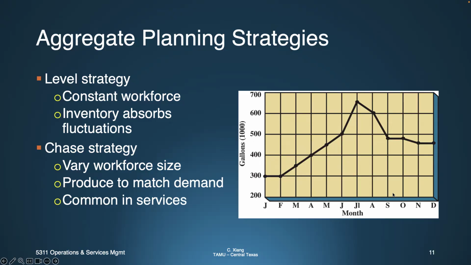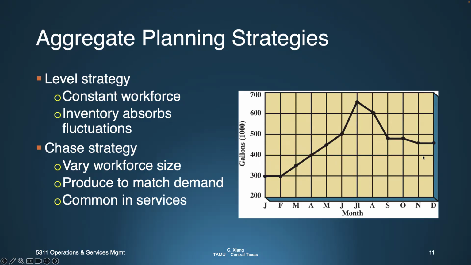But on the other hand, if you are running a law firm or consulting company, you cannot really just hire and lay off employees that easily. So therefore, you pursue a level strategy. But obviously, you cannot really hire a lot of people and let them sit there idle, right?